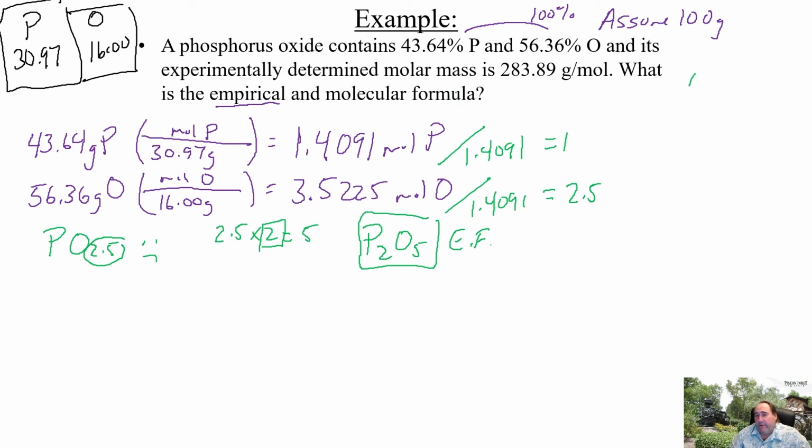The empirical formula is the first thing we need to get to the molecular formula. We also need the approximate molar mass of the compound, which was given to us, so we're good.